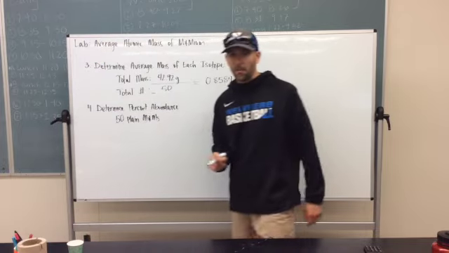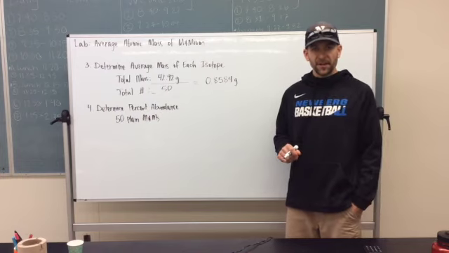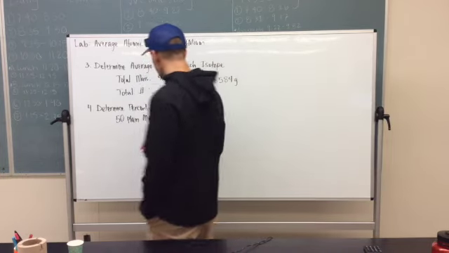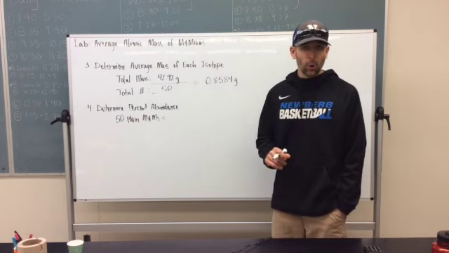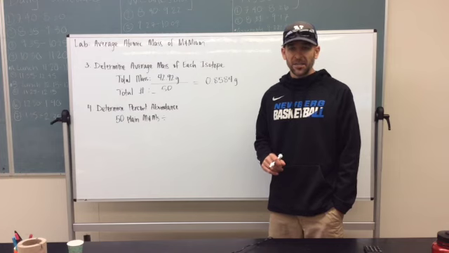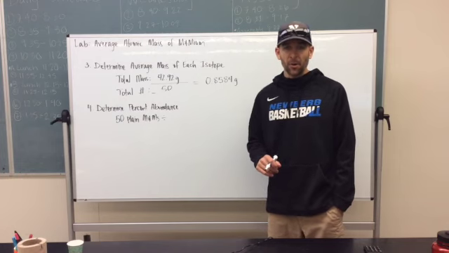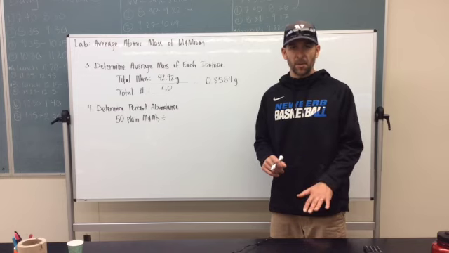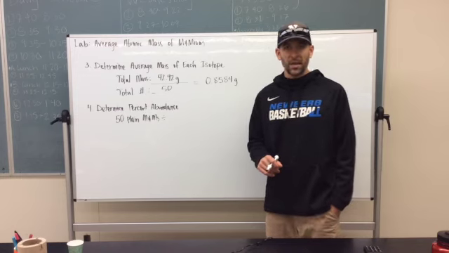As noted in the above problem, we had 50 plain M&Ms. We're going to divide that by our total number of M&Ms within our sample. In this case, our total number was 58. 50 plain M&Ms, 6 peanut butter M&Ms, and 2 peanut M&Ms.